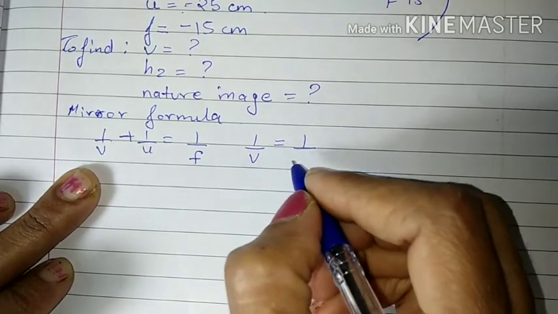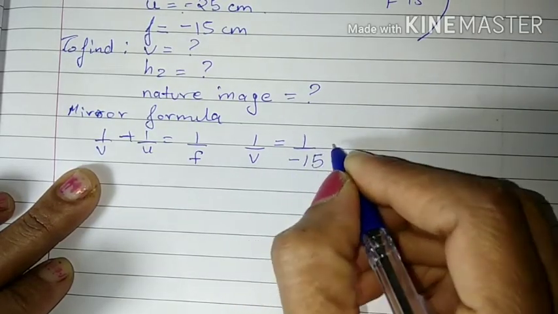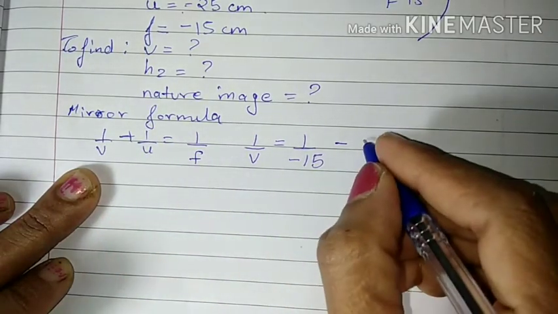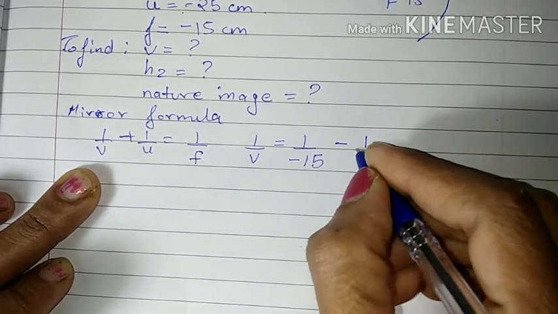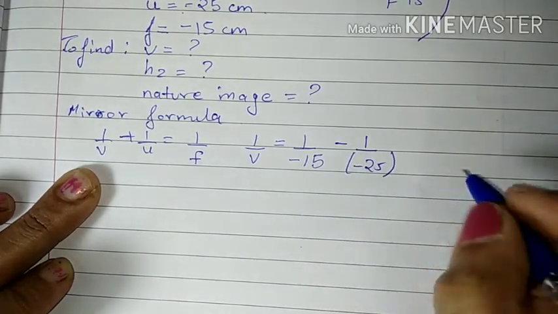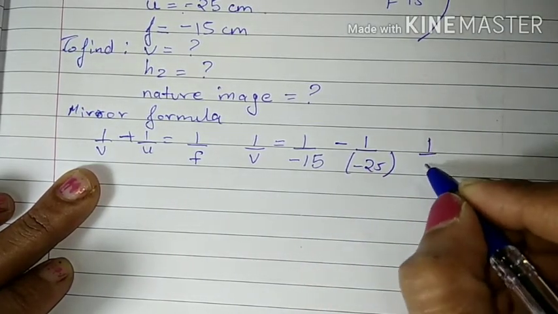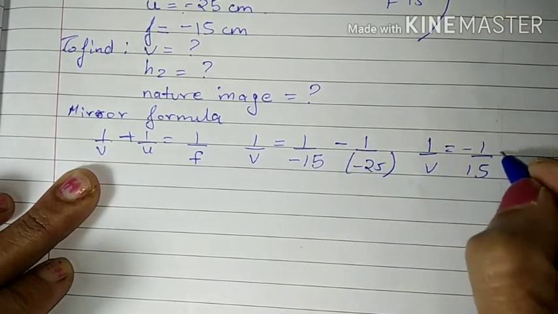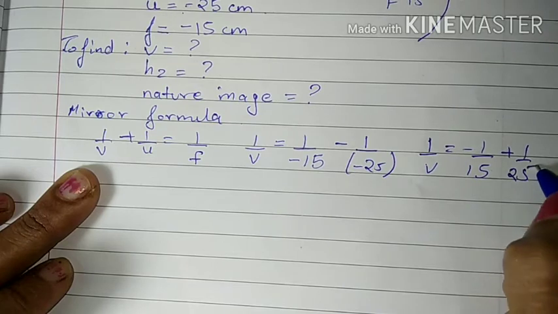F is minus 15, and this comes on the other side, so you have minus 1 upon U, which is minus 1 upon minus 25. So you have 1 upon V is equal to minus 1 upon 15, minus into minus is plus 1 upon 25.